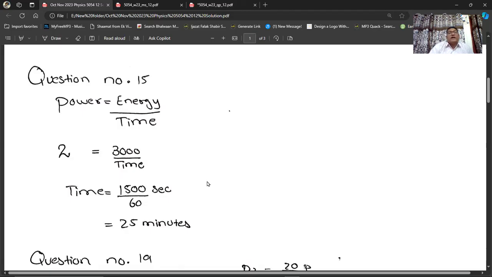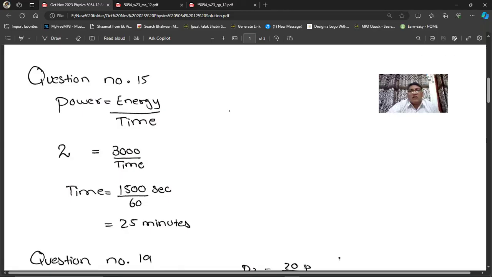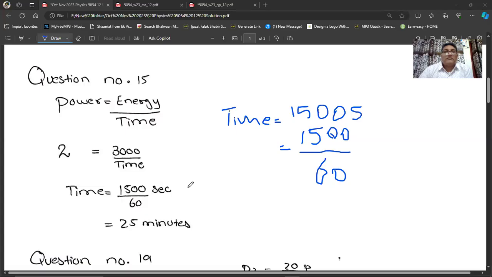Let me check. Because the power is equal to energy divided by time, the power is 2 watts, the energy is 3000 joules, and the time is the question.